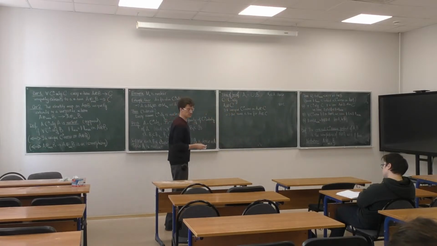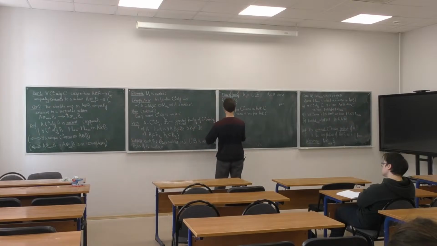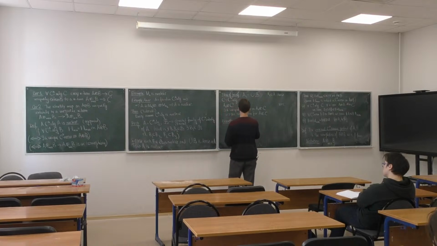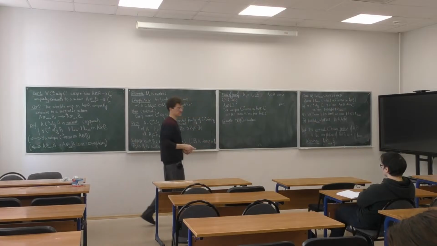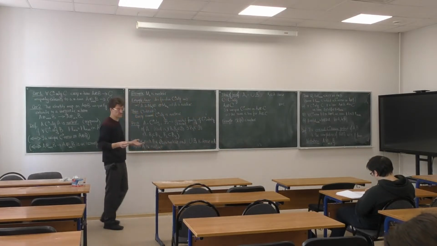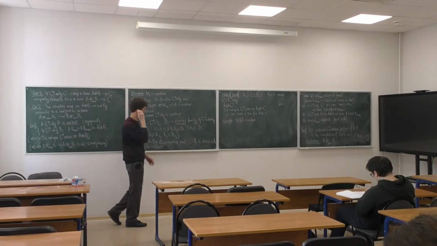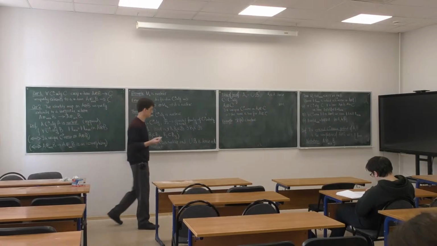Here is a concrete example where this theorem works. Example. The algebra of compact operators on any Hilbert space is nuclear. Again, basically the idea is to approximate this algebra by matrix algebras.